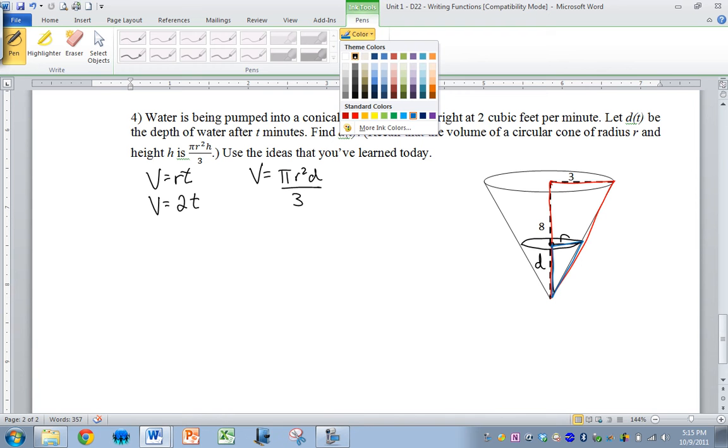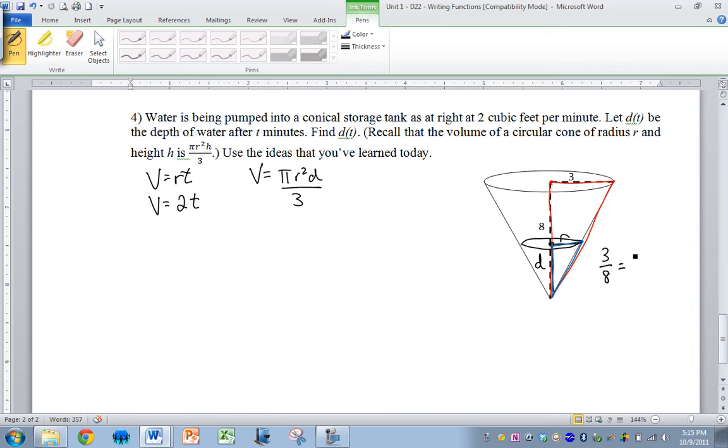They're similar, right? Since they're similar, I can set up a proportion. So I have 3/8 equals r over d. If I look at these equations, I have d and t, but I don't have r as any part of my function. It's just the radius, and the radius changes as the volume changes.